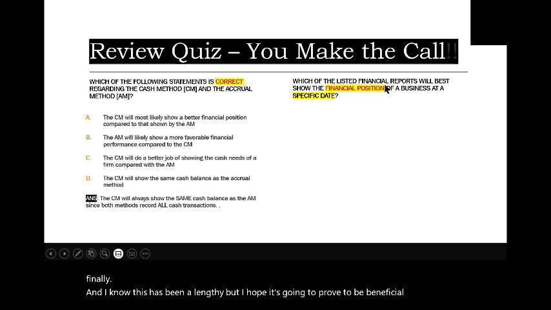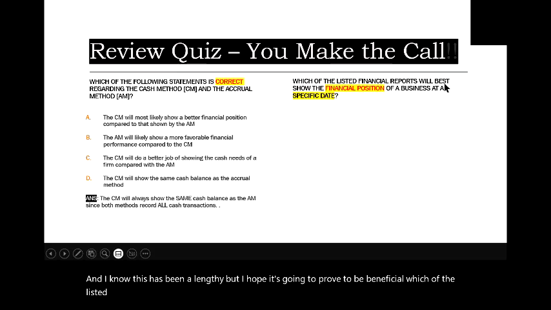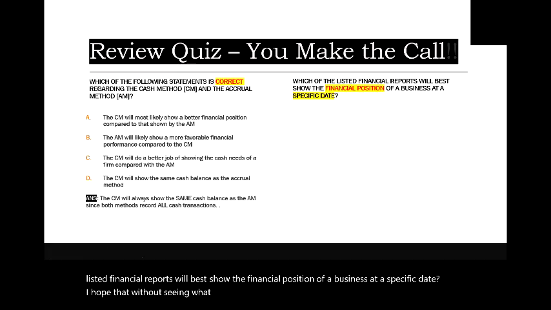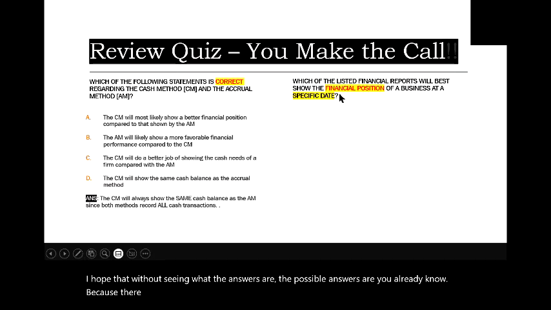Which of the listed financial reports will best show the financial position of a business at a specific date? I hope that without seeing what the possible answers are, you already know, because there are keywords: financial position as opposed to financial performance, specific date as opposed to period.